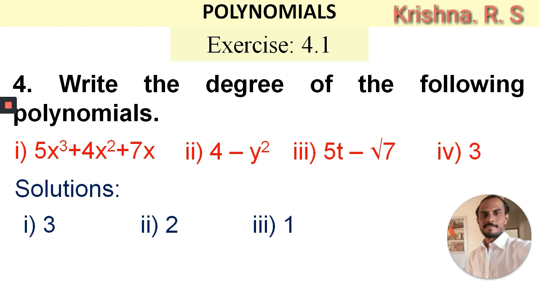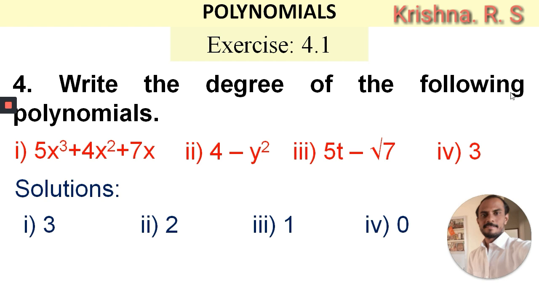With no variable, consider the variable as x to the power of 0, which is 1, and 1 into 3 is 3. So the degree is 0. Keep in mind that the constant polynomial has degree 0.